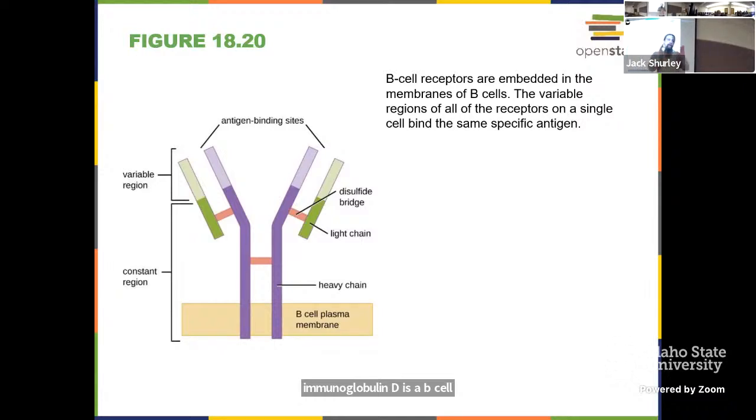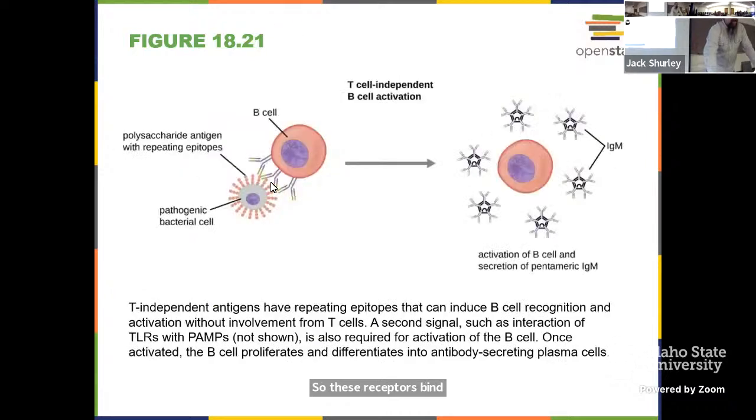This immunoglobulin is on the surface of these B cells, and it's got its specific binding sites that allow the B cell to recognize specific antigens in a similar fashion like the antibodies are doing their recognition, right? So these receptors bind specific antigens as this is happening. And that's what we're seeing here, so these again would be those IgD antibodies or immunoglobulins, B cell receptors, right?